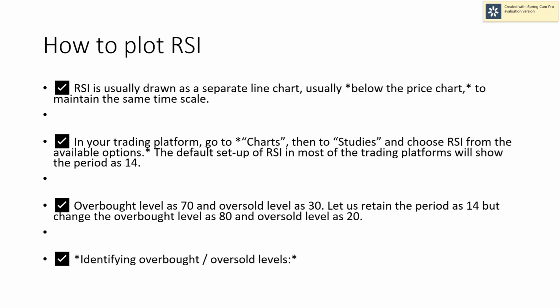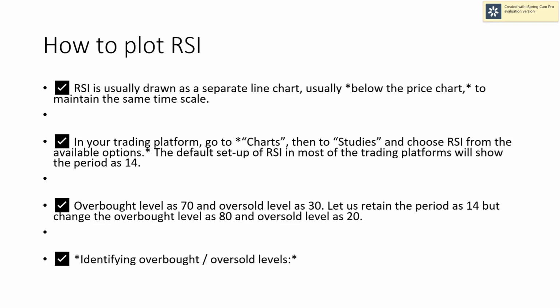The default setup of RSI in most trading platforms shows the period as 14, overbought level as 70 and oversold level as 30. Let us retain the period as 14 but change the overbought level to 80 and the oversold level to 20.